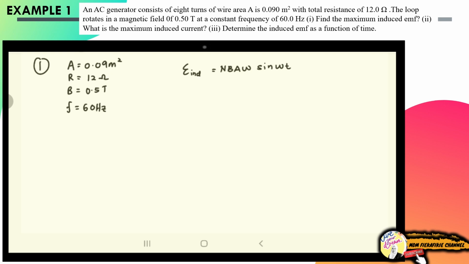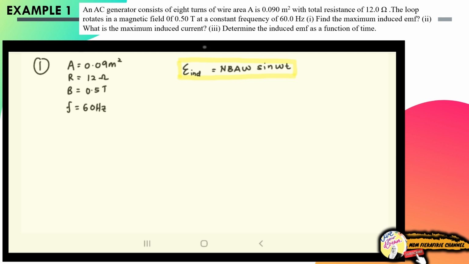Remember we have discussed just now that when we have a coil that is rotating, it will produce an induced EMF. So this is the equation of induced EMF related to the rotating coil. Omega is the angular speed.